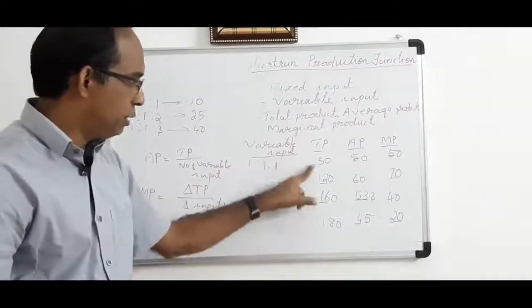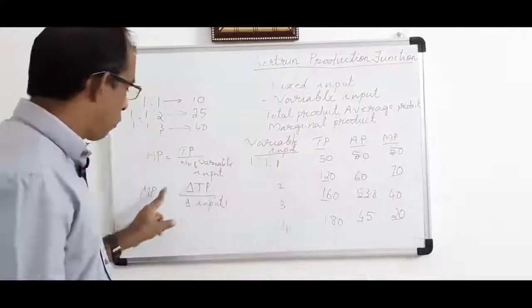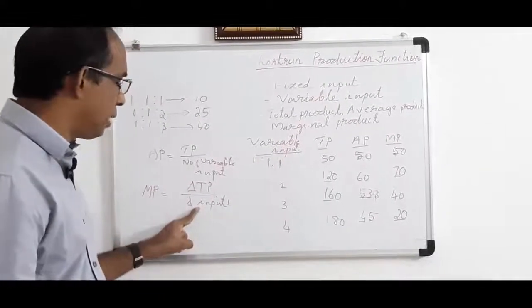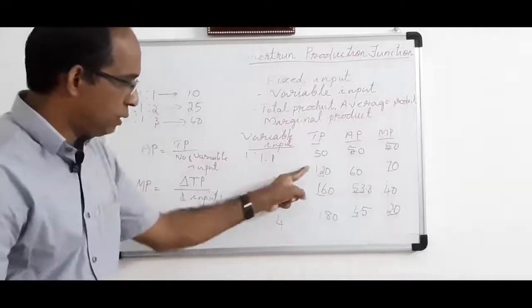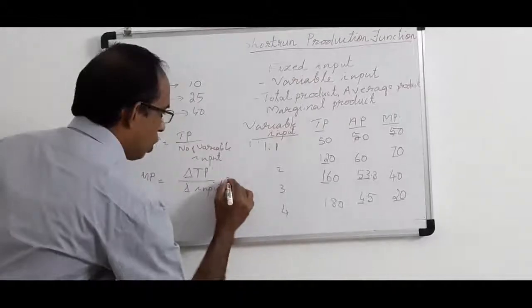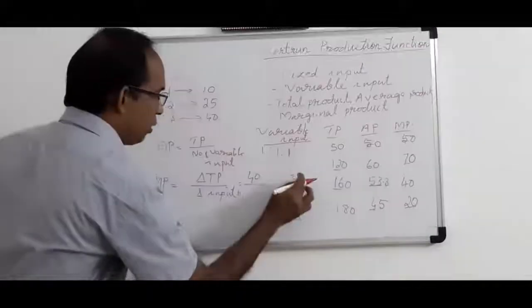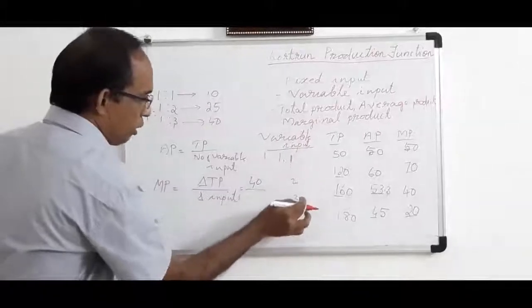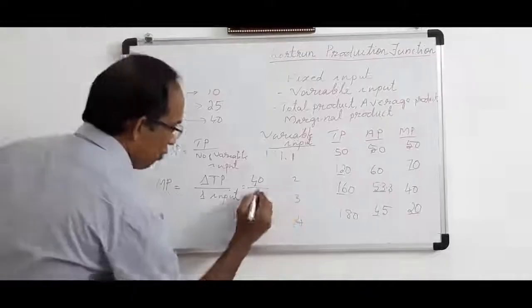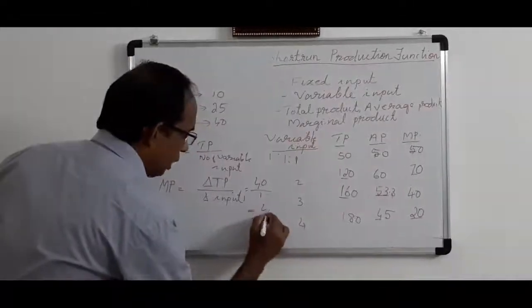What is change in TP compared to the previous TP? The formula is change in TP divided by change in inputs. Change in TP is 40. And what is change in inputs? It was 2, now it is 3, so changed by 1. So MP is 40.